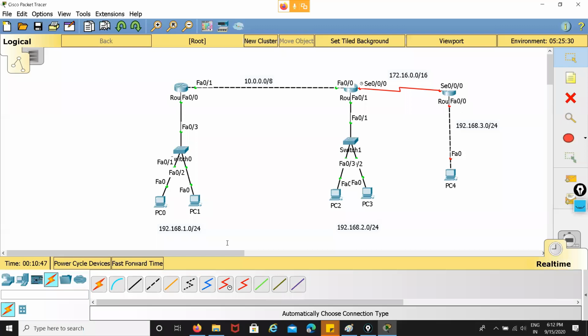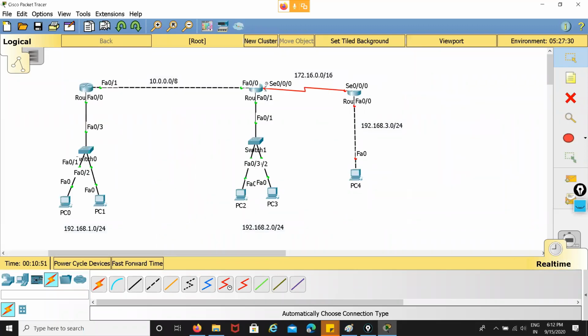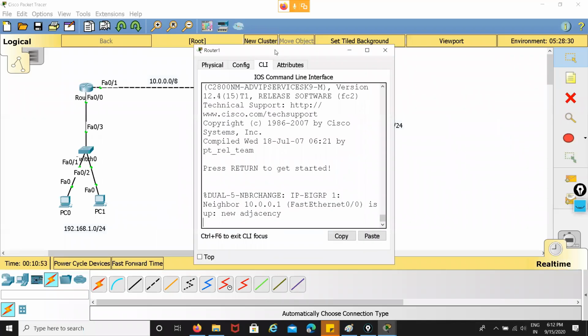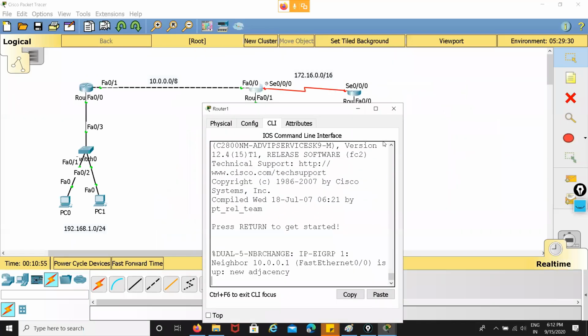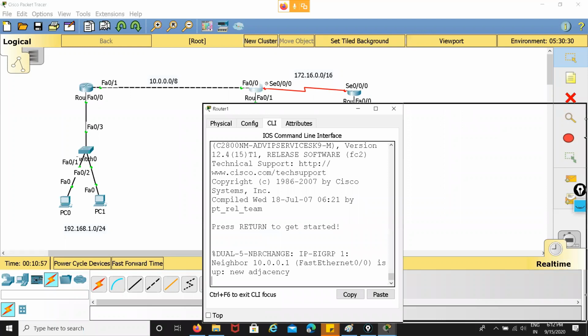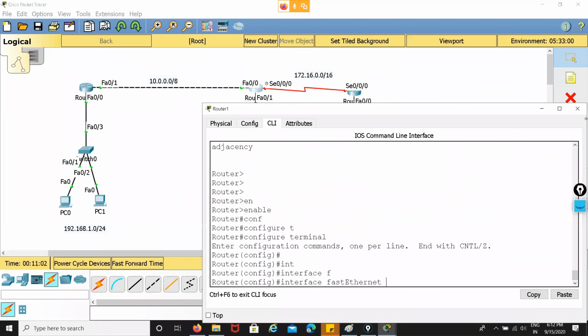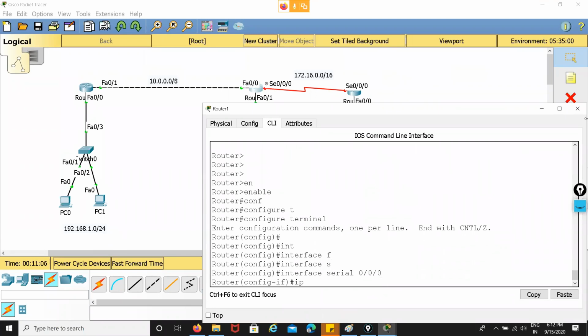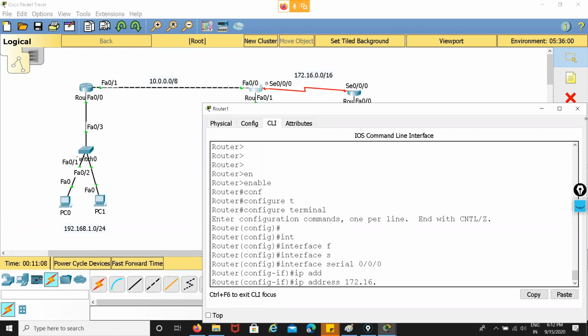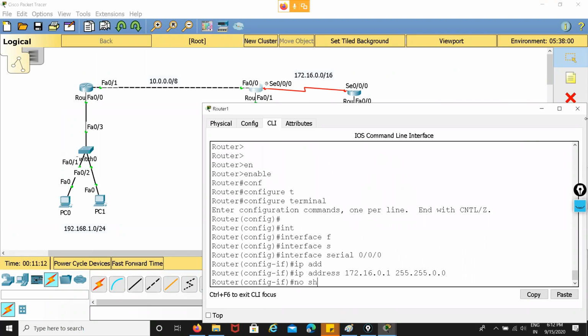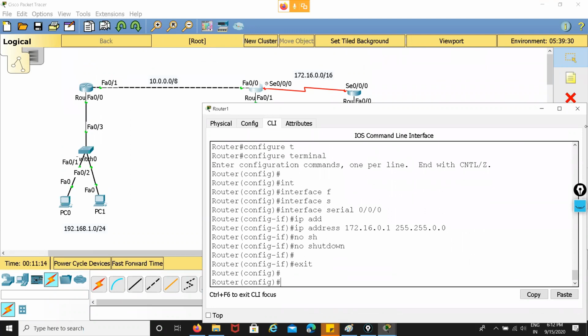So let's start the configuration. The port is serial 0/0/0, where the IP address is 172.16.0.1. Exit.